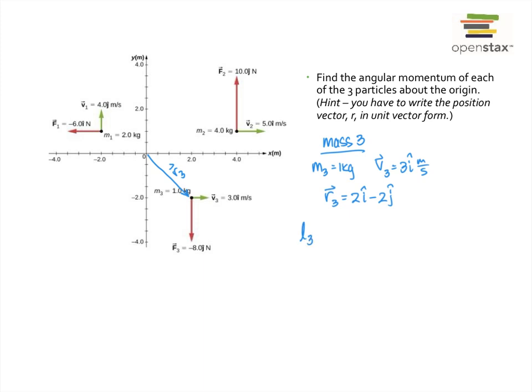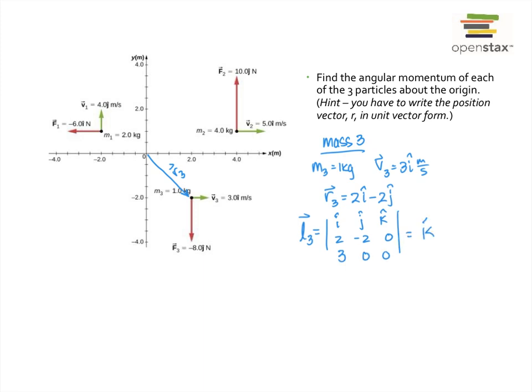So L3, I'm going to take the mass times the velocity for the momentum line, and that's in the x direction, so it's just 3.